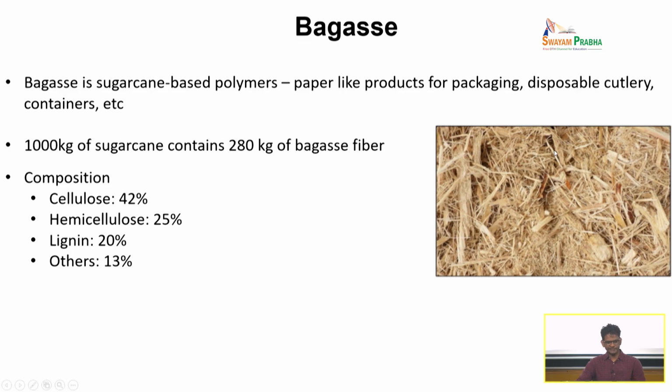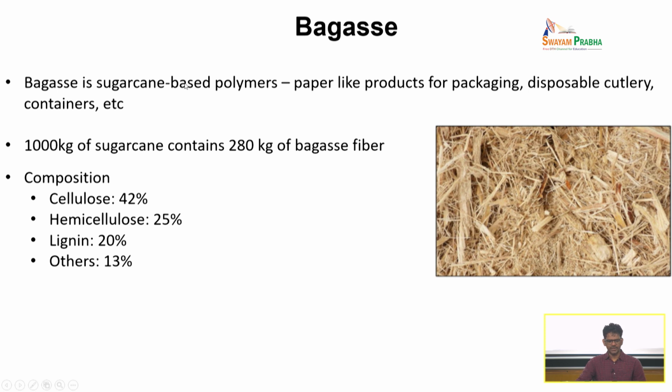There's a small pressing machine in which they feed the sugarcane and you get the juice out of it. What remains after the juice extraction is a set of fiber which we call bagasse. So you see this kind of natural material.